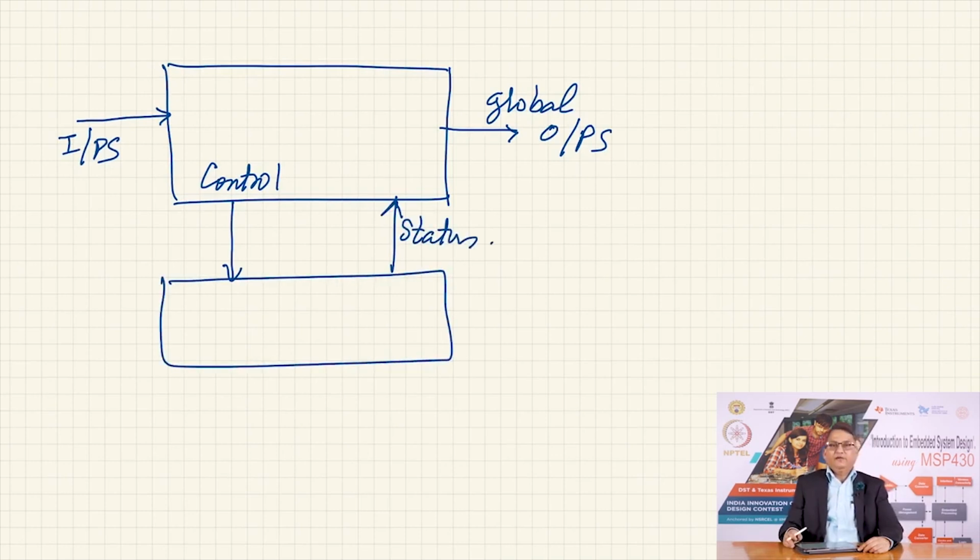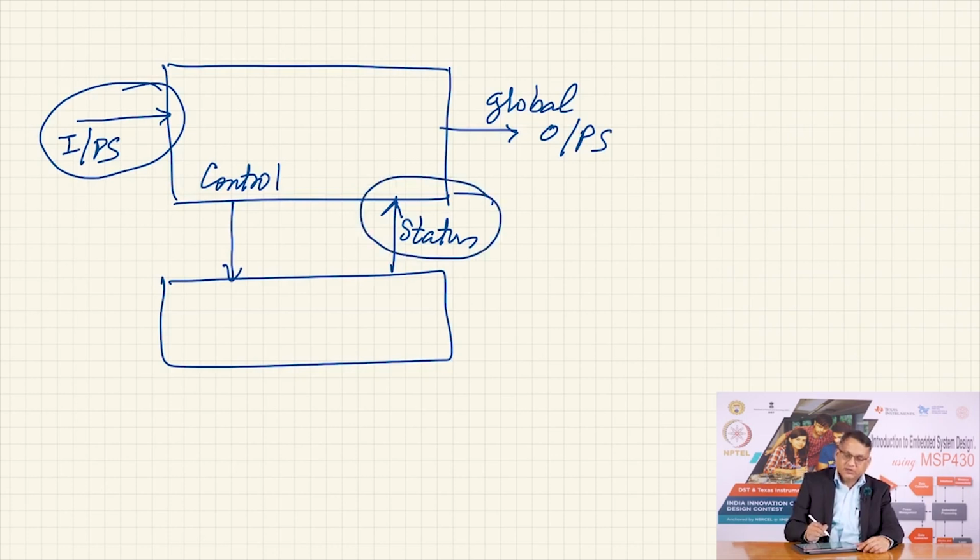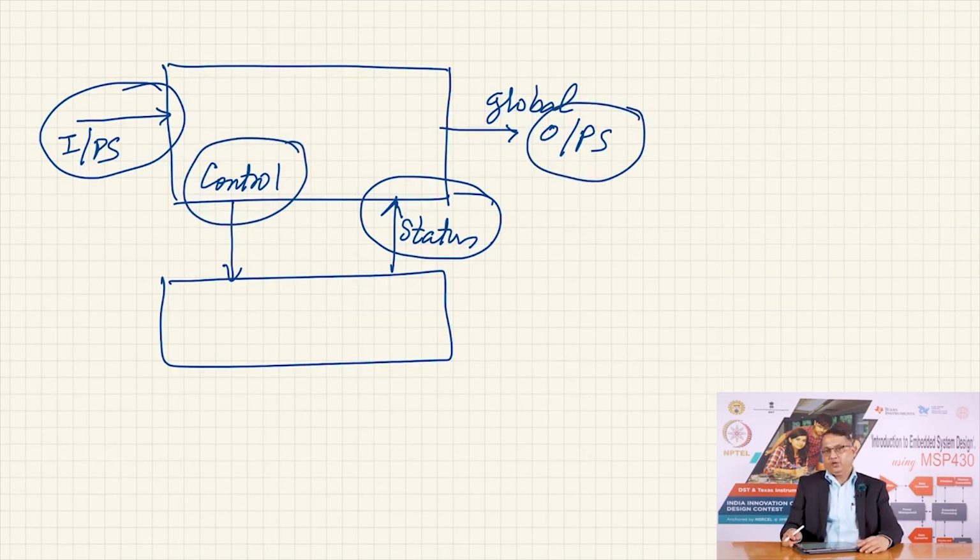So, you have to design a finite state machine where the inputs are the asynchronous inputs as well as the status inputs, and the output of such a state machine will be two sets of outputs. One is the global outputs and the other will be control outputs which go to the data path, and so we must see both these sets of outputs together, and this is what is being done here.